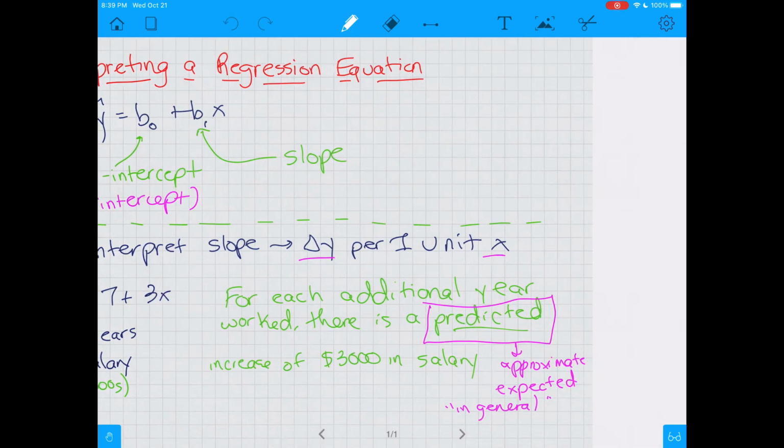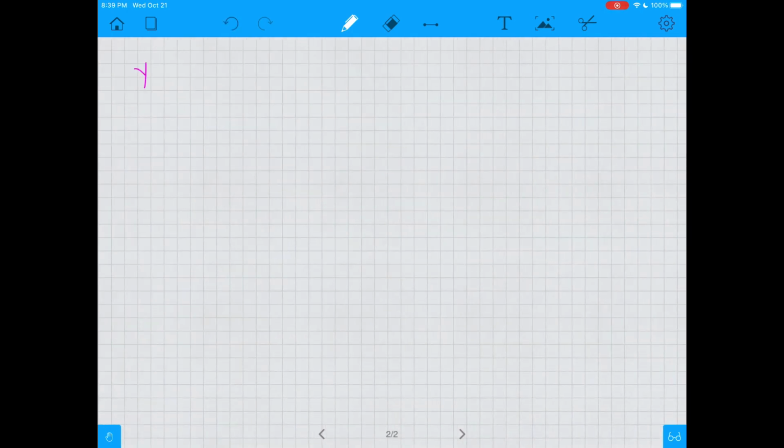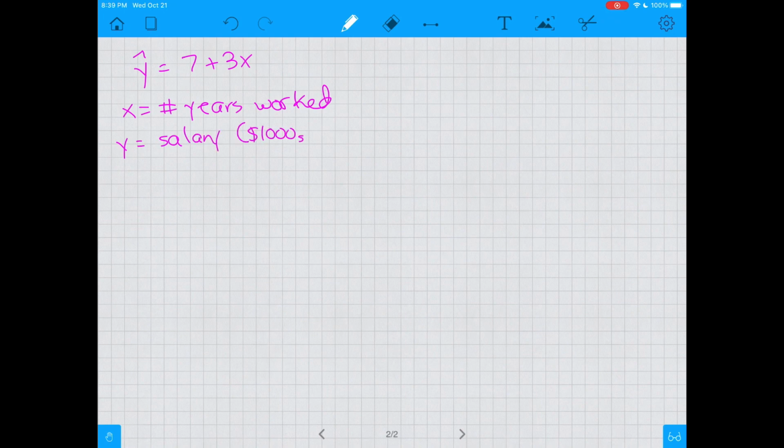Now, if I take that same example, if I rewrite this, y = 7 + 3x, where x was our number of years worked, and y was your salary in thousands of dollars.